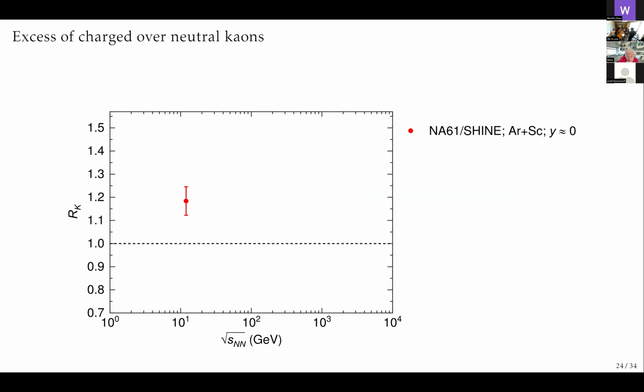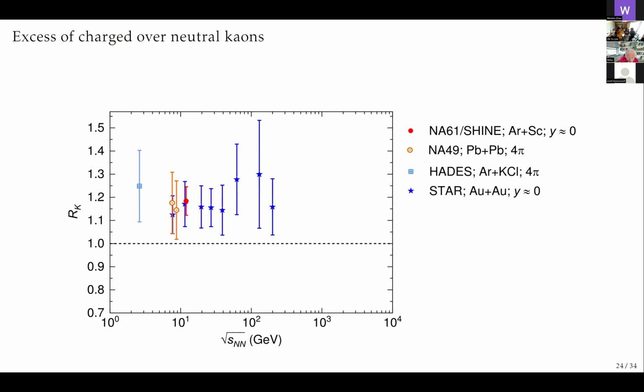And an interesting thing is that we should look at other data, what other experiments measured. So we have older NA49 results, which are surprisingly close, but with larger uncertainties. We have some more recent measurements from HADES and STAR, which also show everything is above 1.